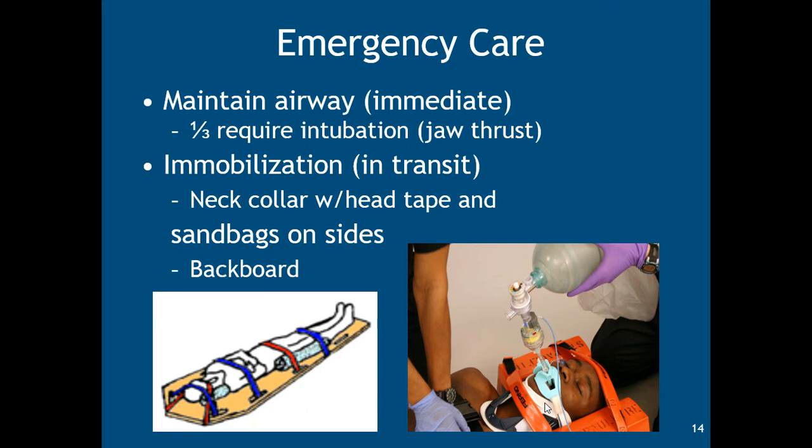A third of these patients will require intubation, so there is a good chance that patients will arrive already intubated. We want to make sure that we maintain spinal immobilization and stabilize them to prevent further damage, especially if it's an unstable spinal column. We just need to make sure that we don't cause any further damage until we identify the level of injury.